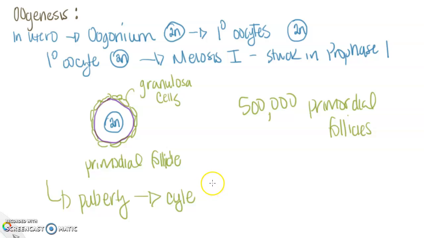And this is the cycle where the primordial follicle is matured, and the oocyte is then matured and goes into the fallopian tube and hopefully gets fertilized. Okay, and we get one of these to happen per month. Okay, so the next video I'm going to start at the puberty part.